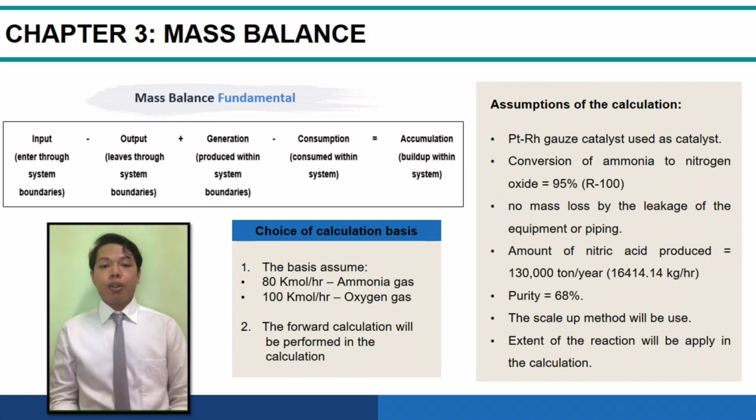For our calculation in mass balance, the scale up method will be performed since the assumed basis does not achieve the target production that we predicted. And the last one, for the reaction process, extent of reaction will be used in calculating the mass balance.